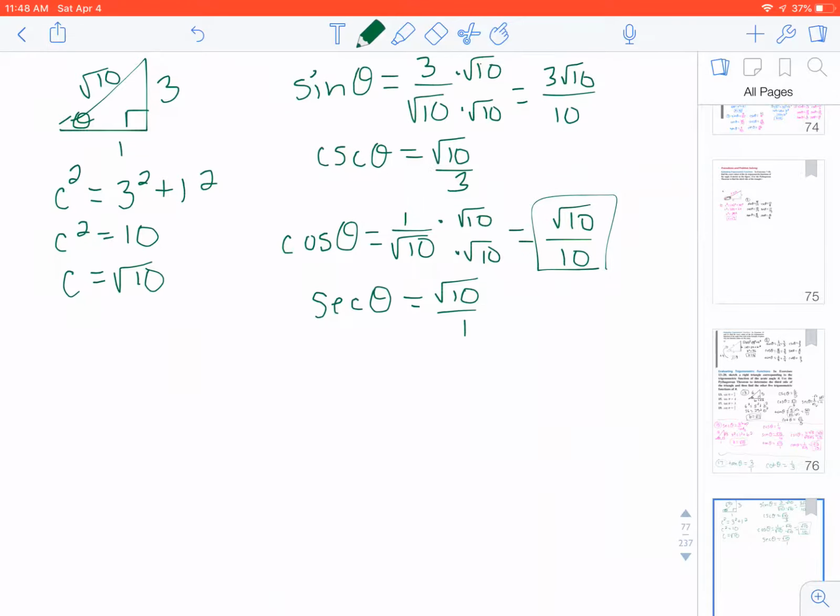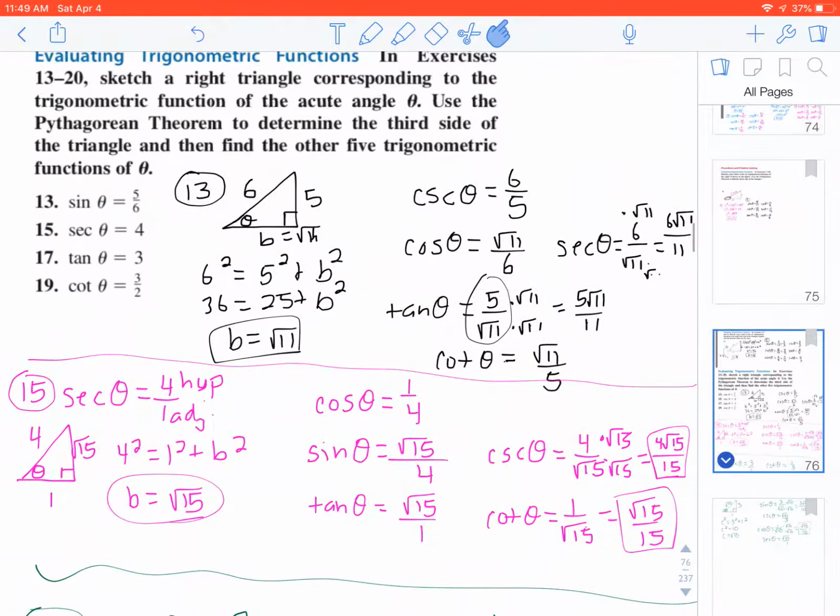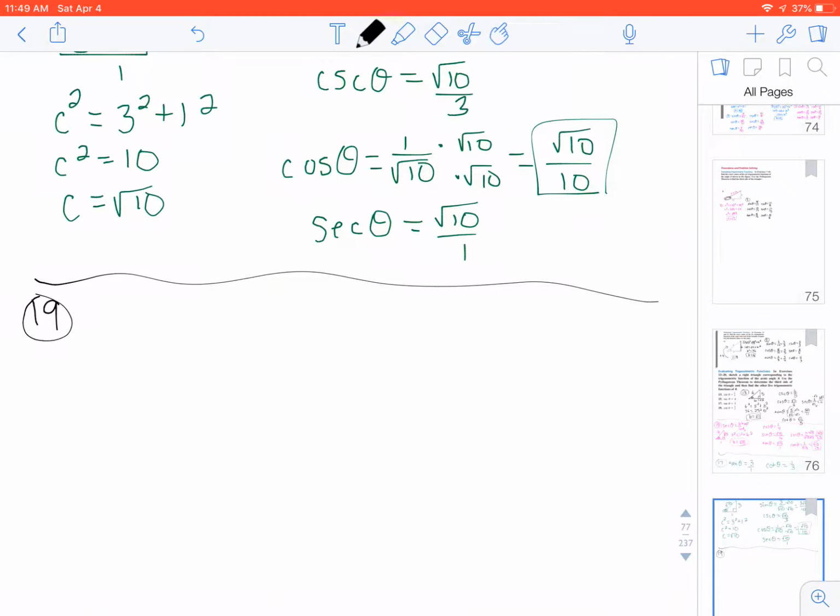Okay, last one, number 19. They gave us on 19, cotangent theta is 3 over 2. We know cotangent theta is the reciprocal of tangent, so this is really our adjacent side. This is our opposite side.